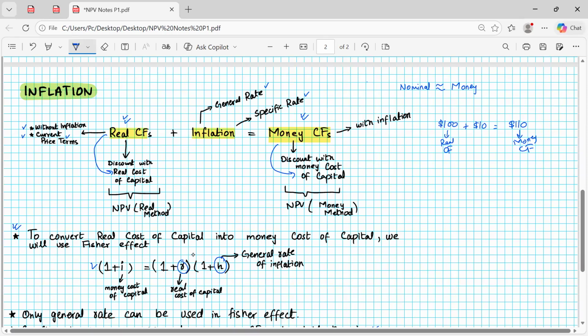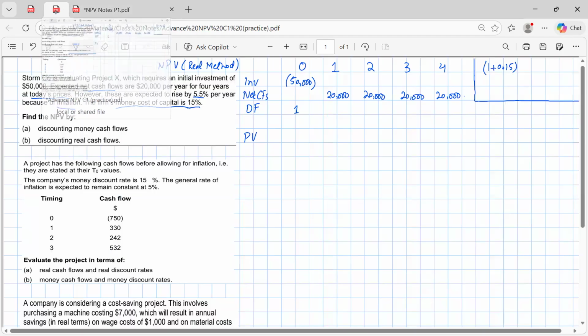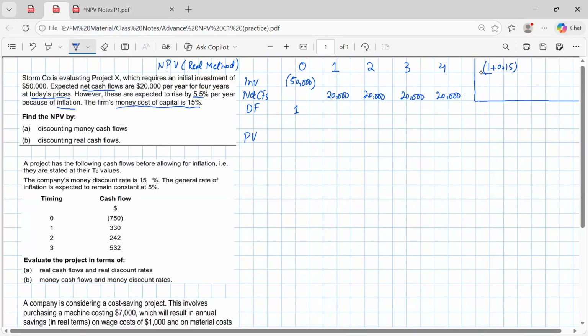So the bracket on the other side of the equation, 1 plus h, you will divide by. h means the general rate of inflation, which in the question is 5.5%. So 1.15 divided by 1.055 is equal to 1 plus r. r is what you need to calculate.